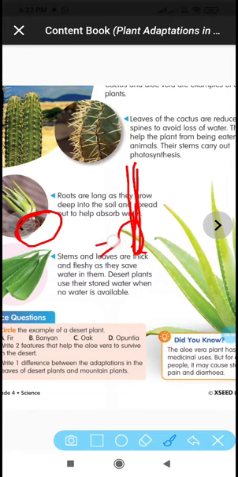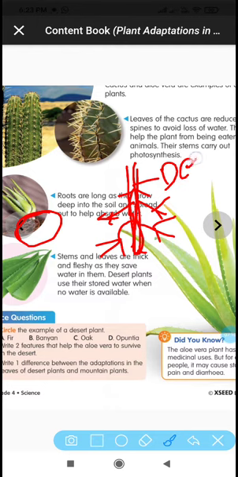They grow deep into the soil. Why do they go deep into the soil? To collect the water, because the water is very deep inside the sand. So to collect that water, they have very deep roots. Deep root system is one of the adaptations shown by the desert plants.